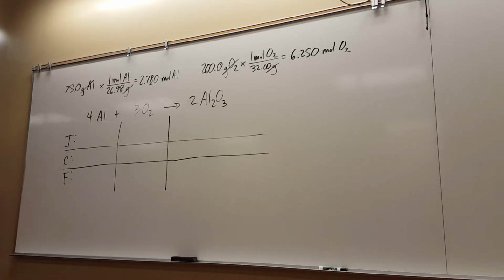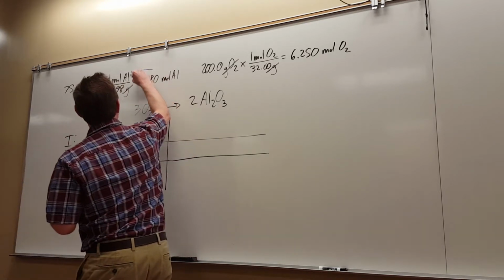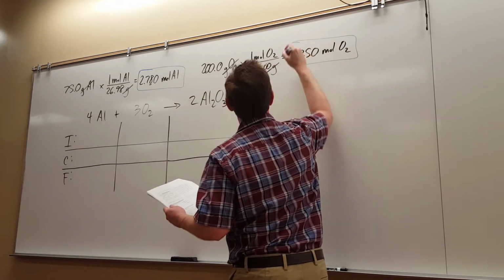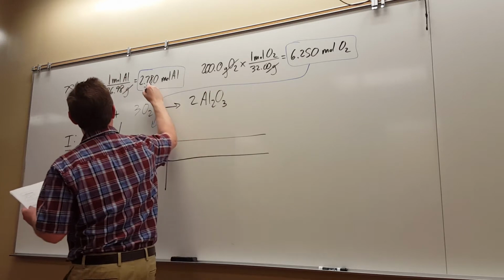Okay, so any questions so far? Taking initial grams, converting to moles, make an amounts table, and we're going to take these initial moles and put them into their appropriate boxes.